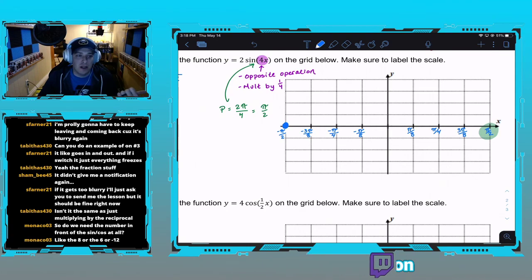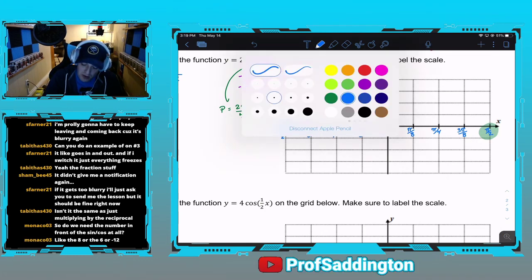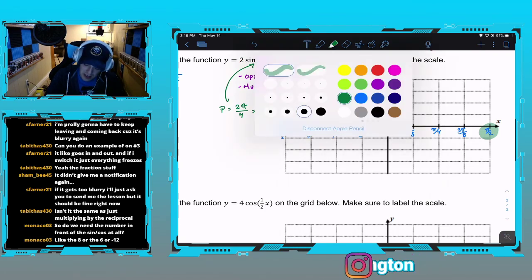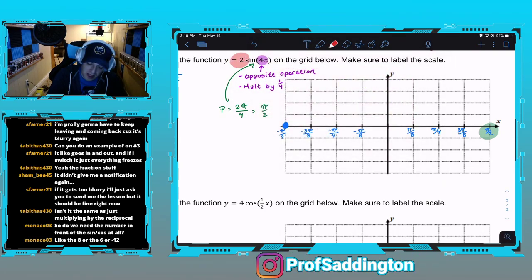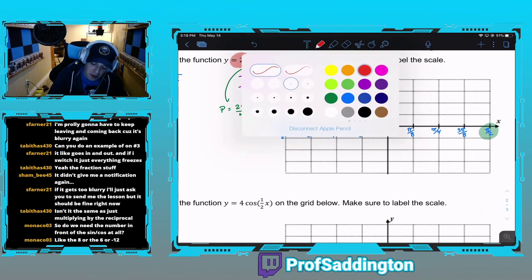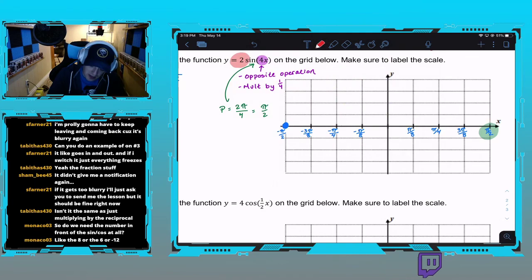And this is what Ella mentioned when she said, hey, does that number out front mean anything? Yeah, it does. Because we know that the number out front is representing, oops, I am on pencil and not on highlighter. That is representing our amplitude.